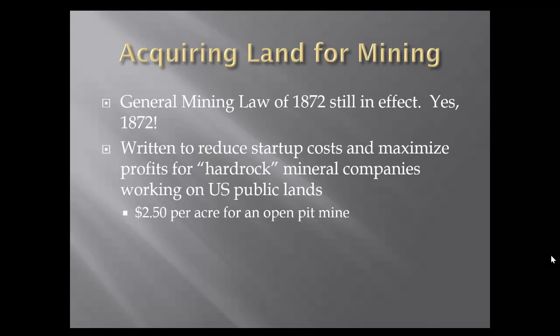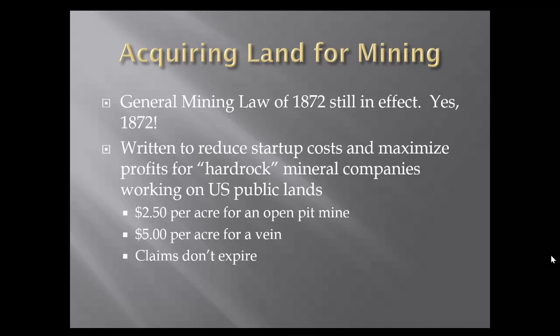So this is how inexpensive it is. And this is still the cost today. $2.50 per acre of US public land for an open pit mine. It's $5 an acre for a vein of material, so that is like a strip of whatever you're looking for under the ground.